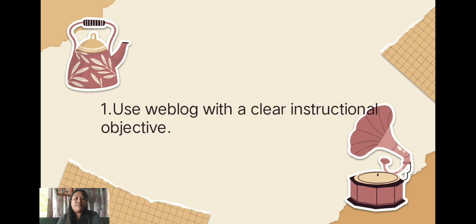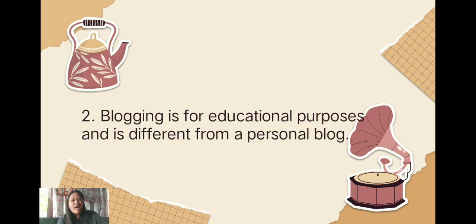So always remember to use a weblog with clear instructional objectives. Next, always remember that blogging is for educational purposes and is different from a personal blog. So always keep in mind that you should use proper or formal language in writing or creating a blog.